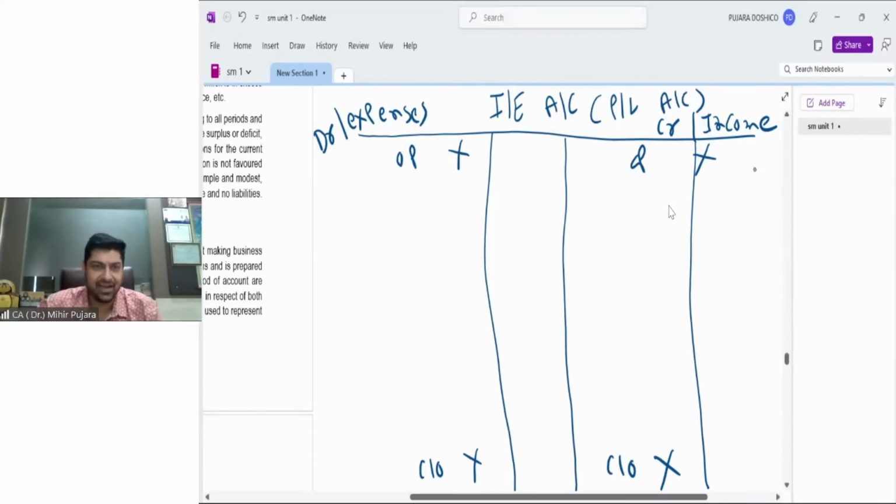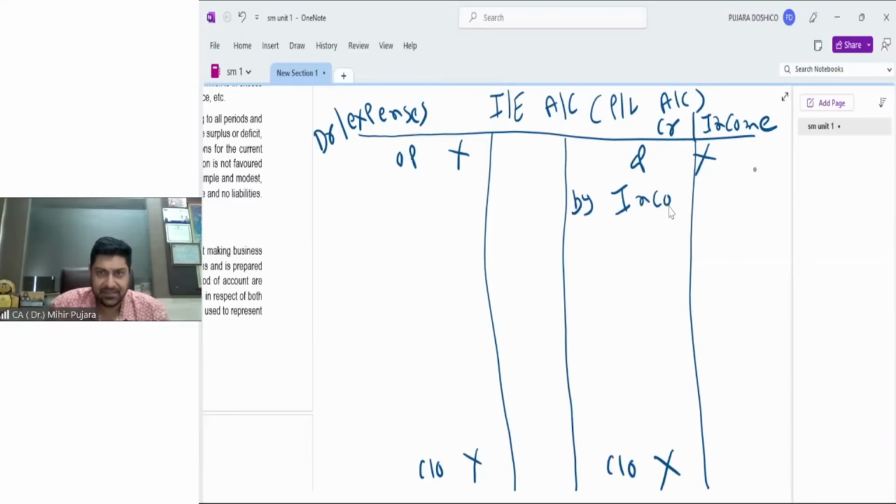Okay. Now, here, remember carefully. Here we will write income. But which income? Only current year and only revenue nature.